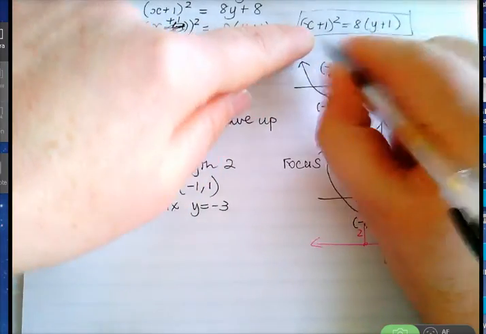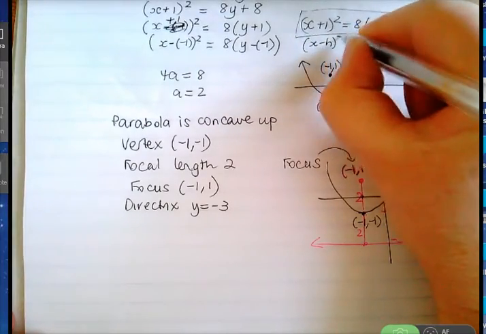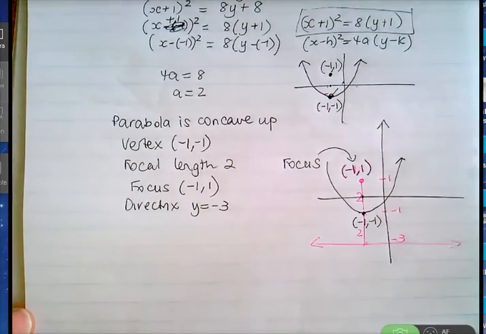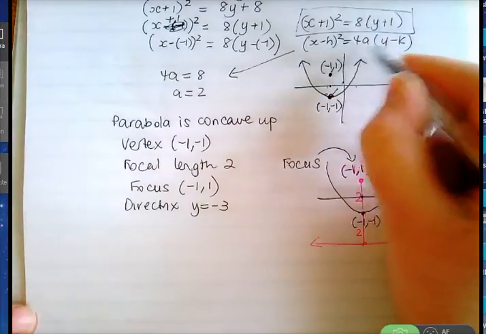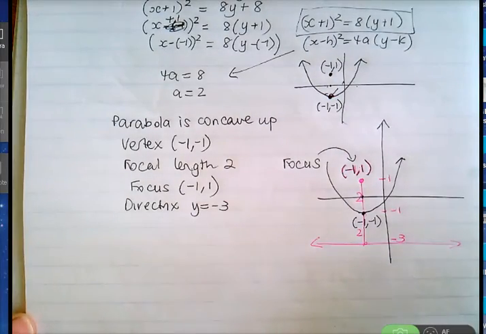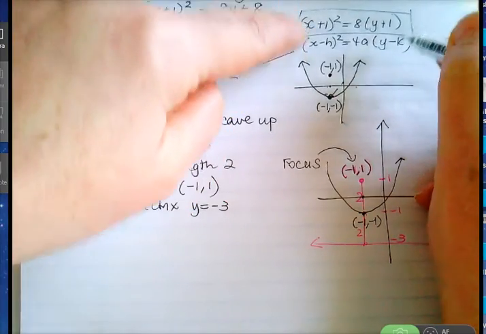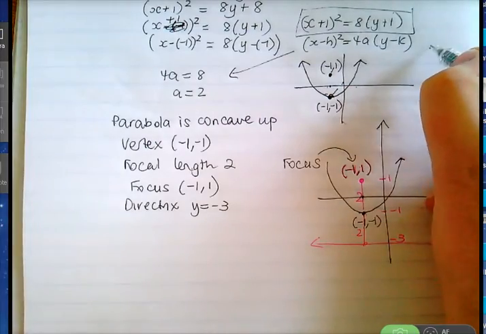Because when we get to this equation up here, you compare it with x minus h squared equals 4a y minus k. So going back up there, can you see that the 4a equals 8? Yes? All right, so I should have written that underneath. So under that, I should write x minus h squared equals 4a y minus k.